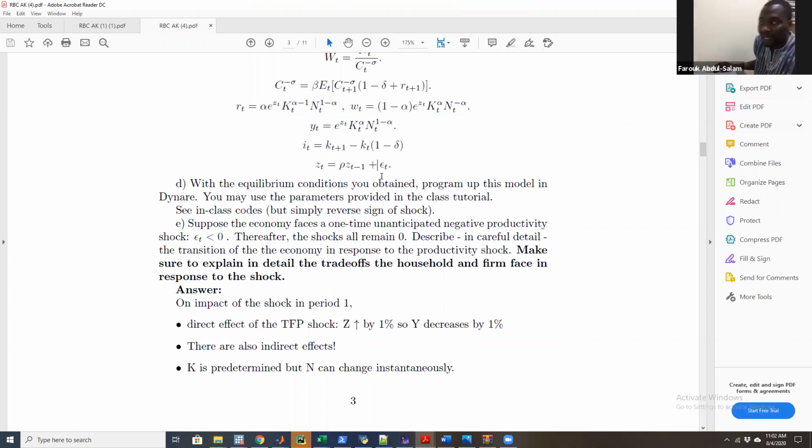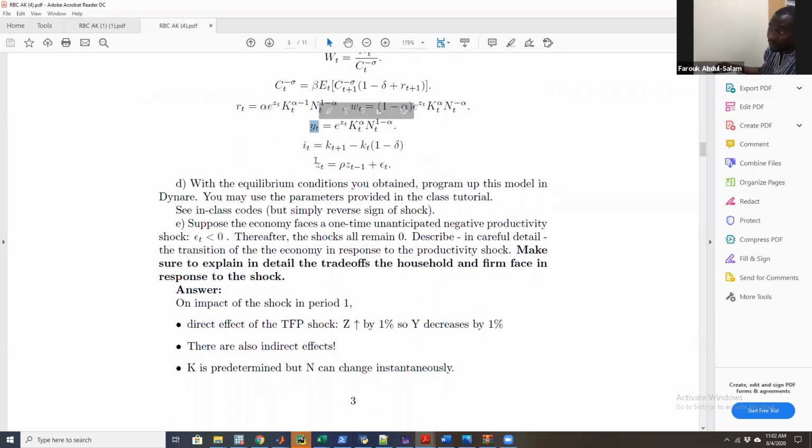Because we happen to have a negative shock, which is more or less like the COVID situation, this guy is going to be negative. And because this guy becomes negative, Z goes down because it's negatively affected. And as Z goes down, there are going to be some implications in our economy, because Z goes down implies that Y goes down.